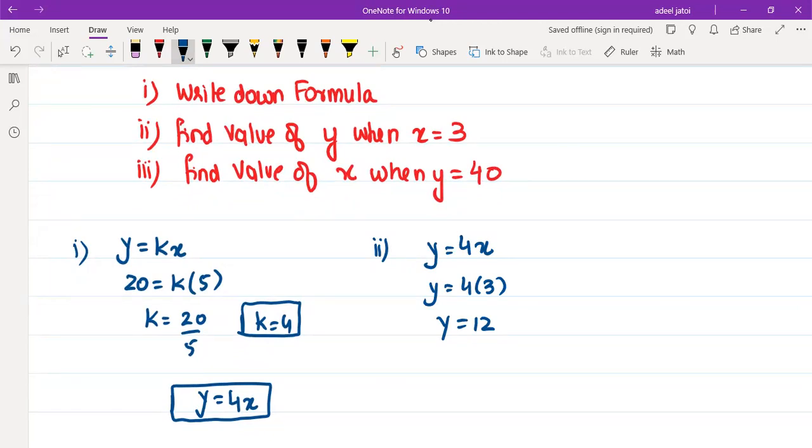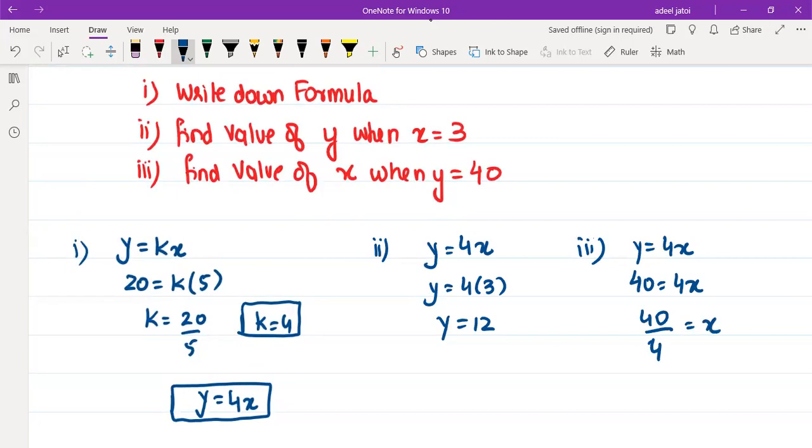Similarly, for the third part, the formula remains the same as we found that the k value was 4, and we'll be writing down the formula as y is equal to 4x. Find the value of x when y is 40, so 40 is equal to 4x. And to find x, since 4 is being multiplied here, that should go on the other side and get divided.